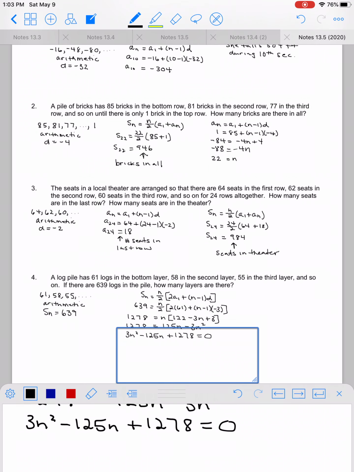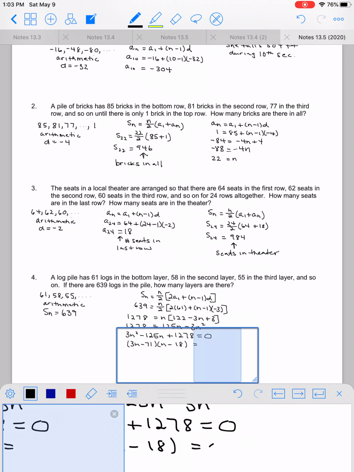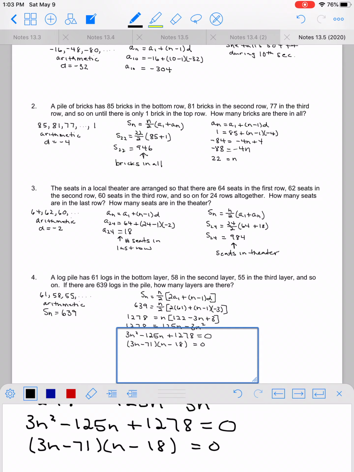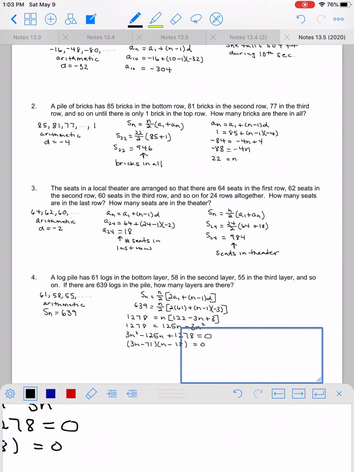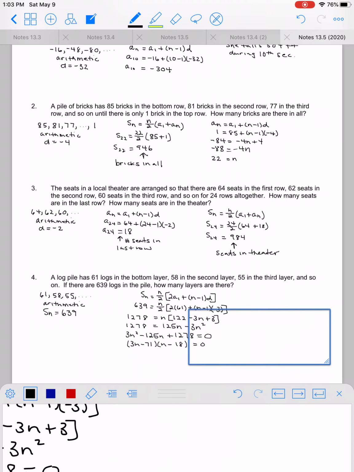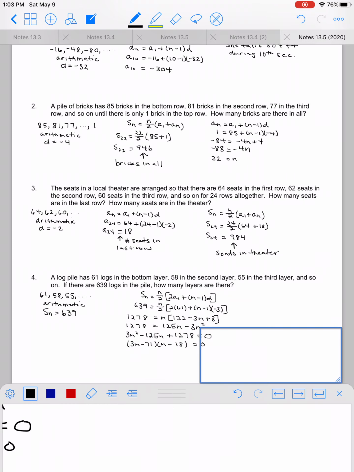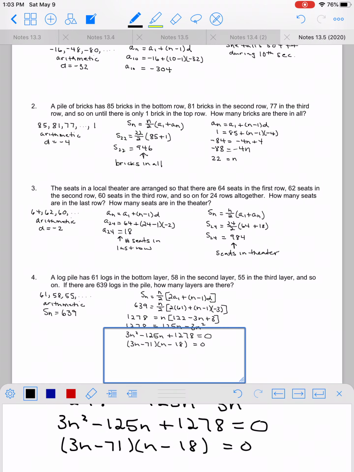Then we do the factors, so a 3n and an n and an 18 and a 71, minus and minus. Our first parenthesis says that n is 71 over 3.